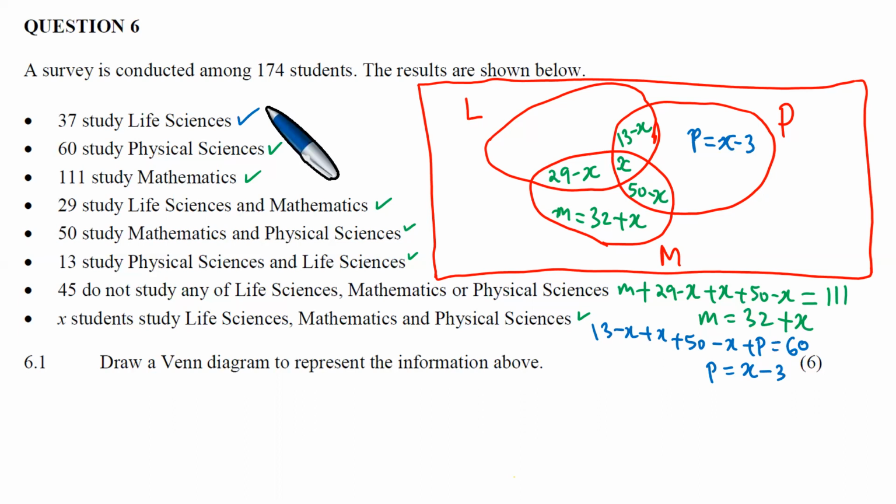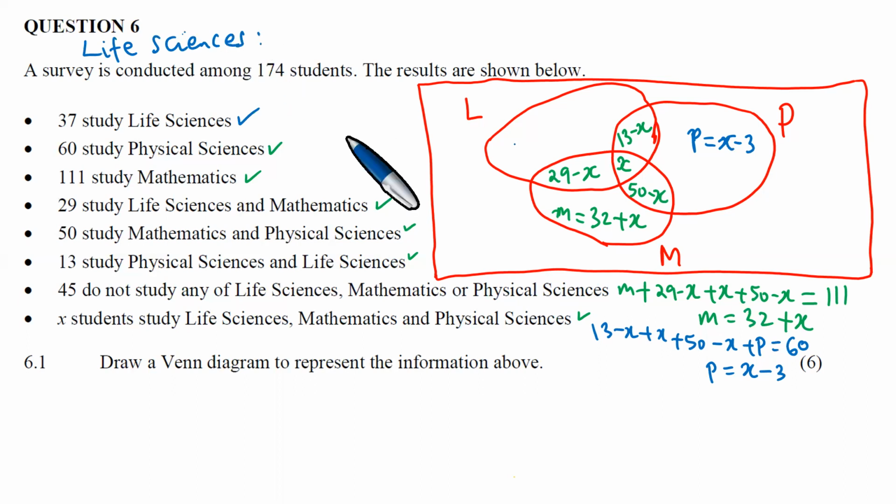We analyze together. In other words, 37 do life sciences. This, that, and that is life sciences. So we're going to do life sciences at the top here.